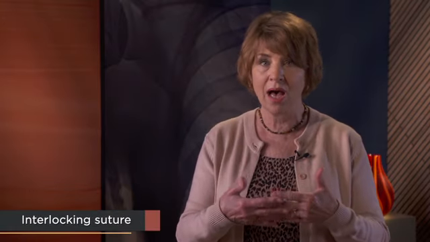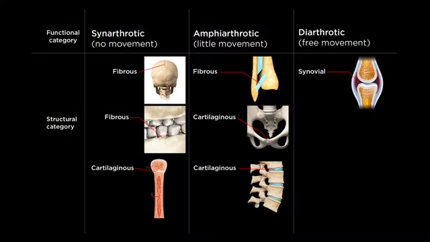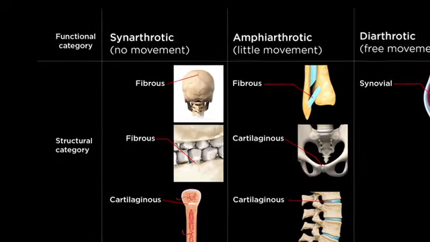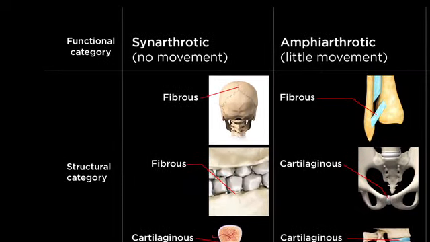The majority of the joints in the skull are known as sutures. Many are interlocking at their edges, like teeth in a zipper, or a dovetail joint in carpentry. These are considered fibrous synarthrotic joints, which remember are immovable and are held together by connective tissue that is dense with fibers.